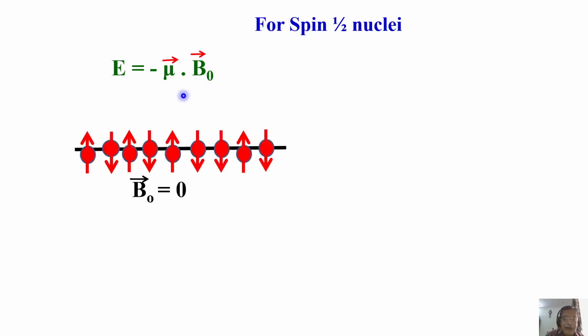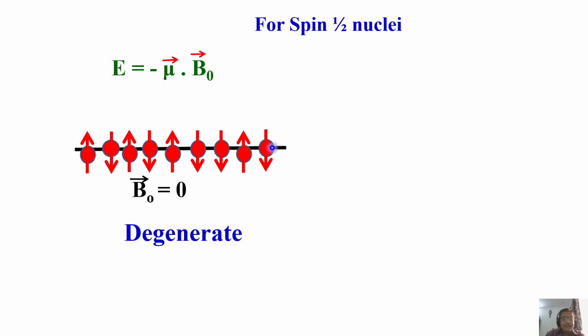Now, in the absence of the magnetic field, all these orientations are random. There is no preferred direction of orientation for any of these magnetic moments or nuclear spins. All are equally probable, a random distribution.